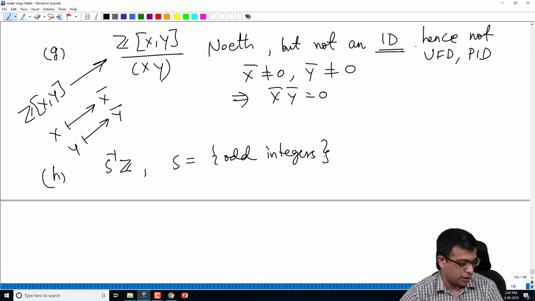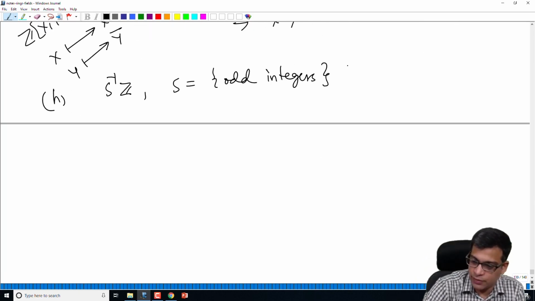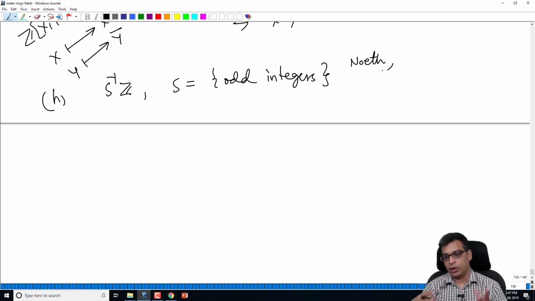Here S inverse R, one can check, is Noetherian. There are many ideals, but only one maximal ideal.